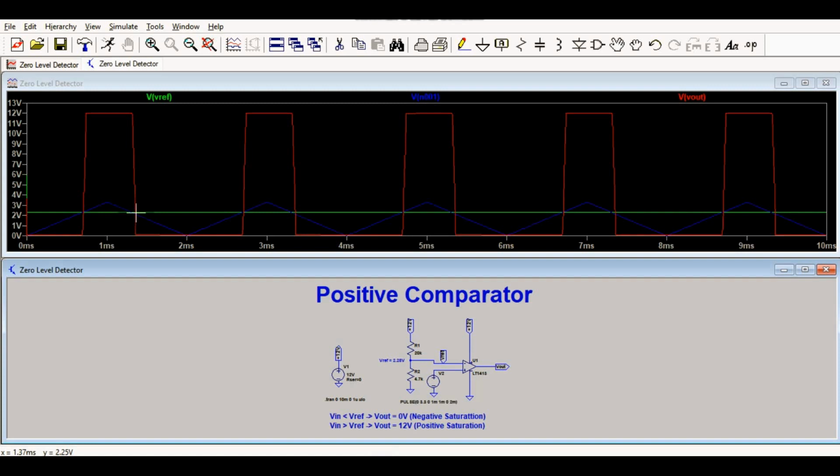At that point of time your V out equals 12 volt. That means your op amp is going towards positive saturation, positive supply voltage. And whenever your input signal is less than the V reference signal, your op amp is going towards negative saturation and your output is 0 volt.